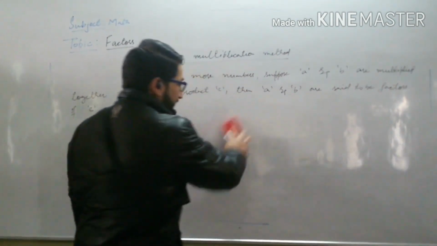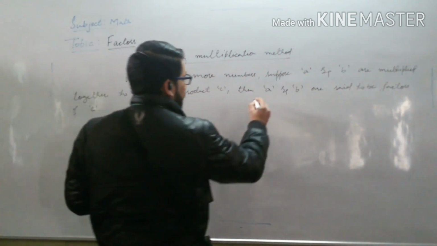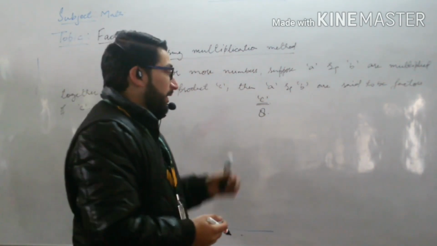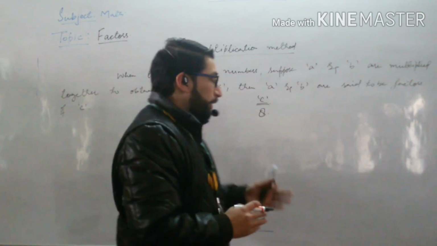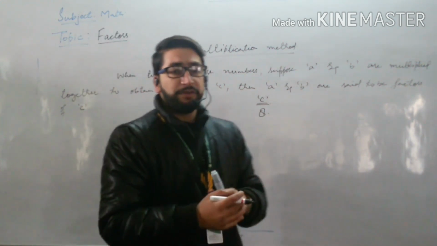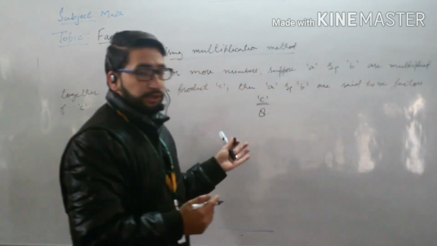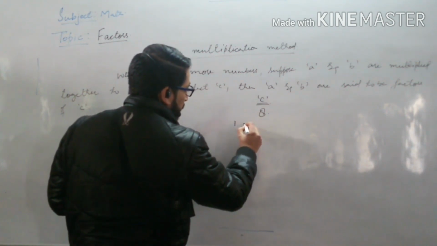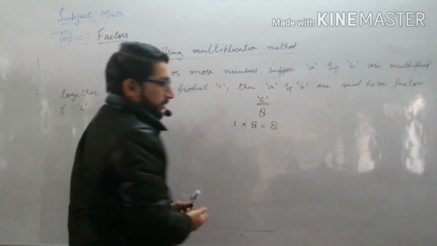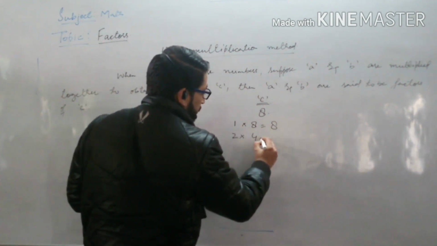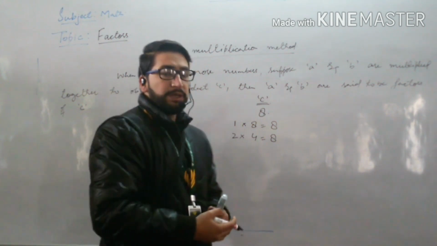Suppose here our C is number 8. 8 is the multiple here, and we have to find factors of 8. When we multiply 1 with 8, our answer gets 8. When we multiply 2 with 4, that is 8.